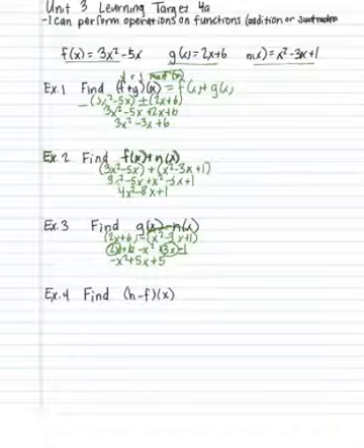Alright, the last example says find h minus f of x. Again, don't let the notation confuse you. All this is asking you to do is find h of x minus f of x. You're not going to have to multiply by an x at the end. So we write down h.